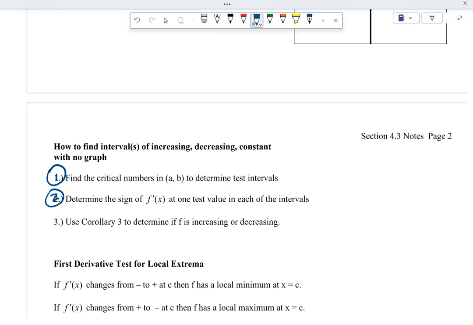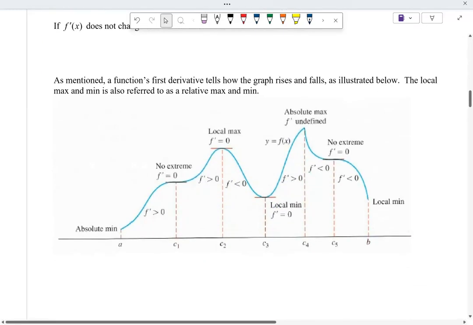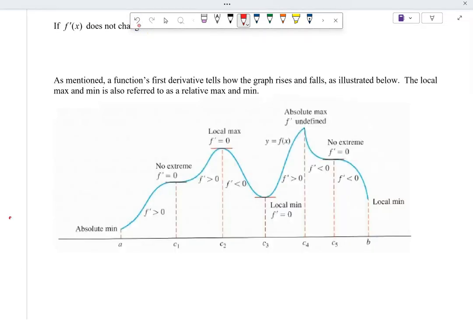So let's look at another graph here, and let's talk about these for a minute. Where are our critical points? Here's where the derivative is 0.